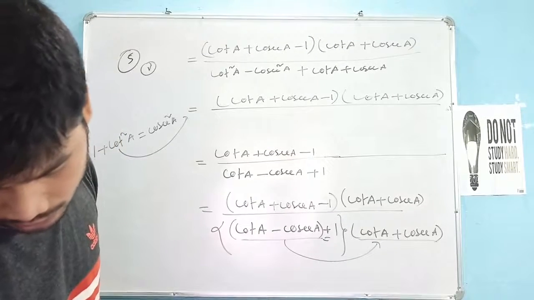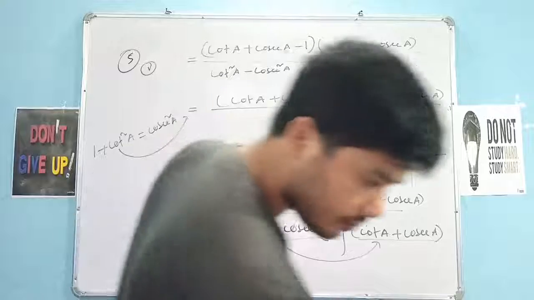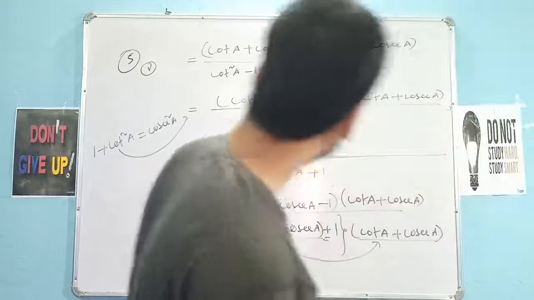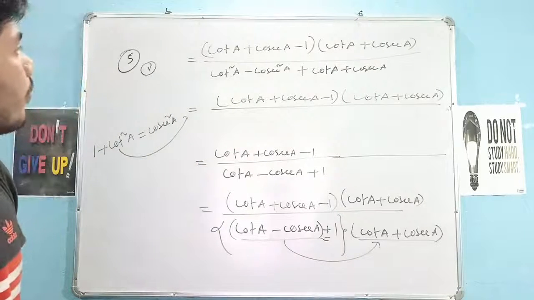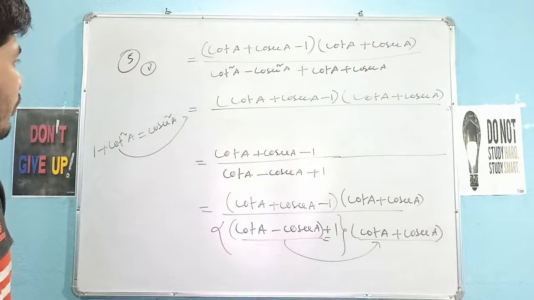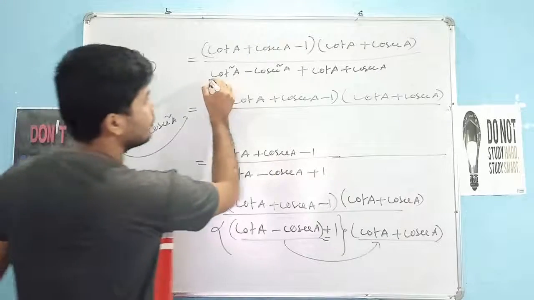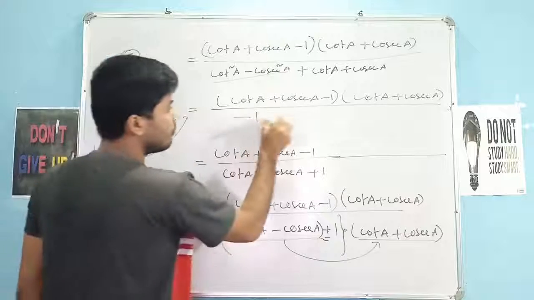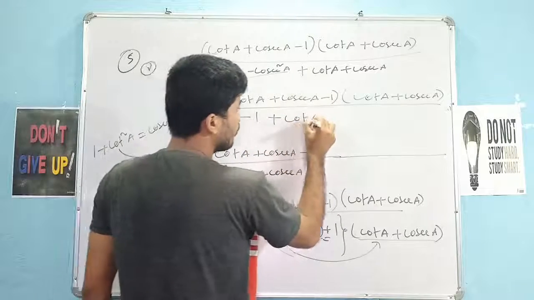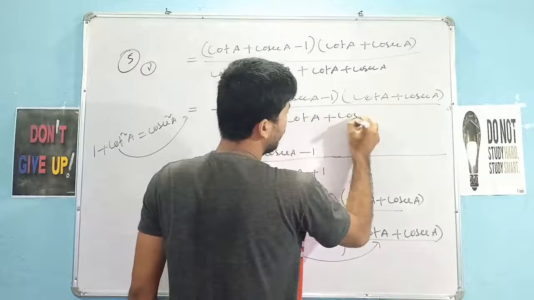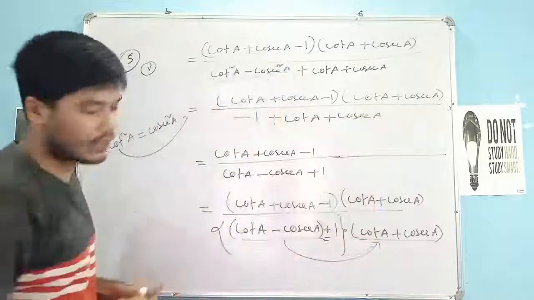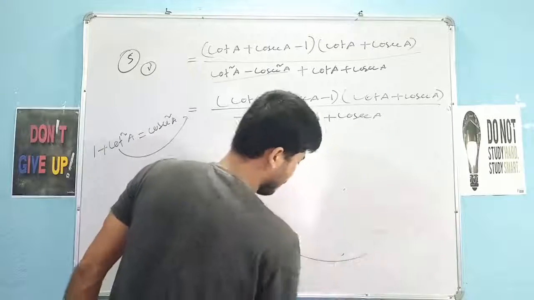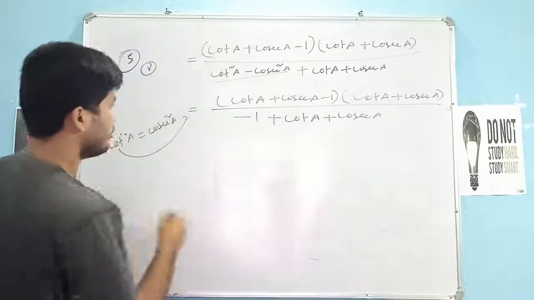Well, let me check. So this is minus 1, right? So minus 1 plus cot A plus cosec A. Okay guys, now our answer. Look here.